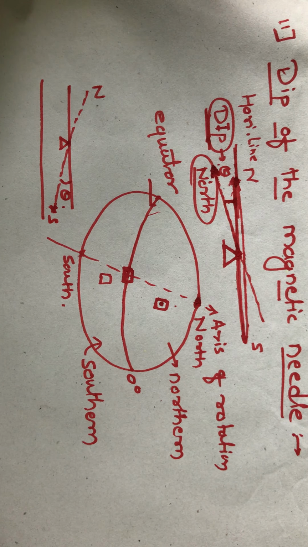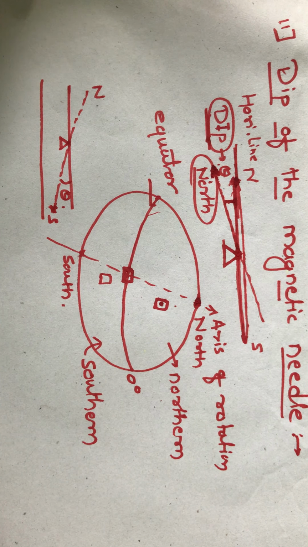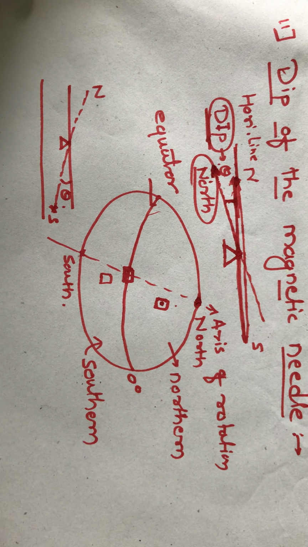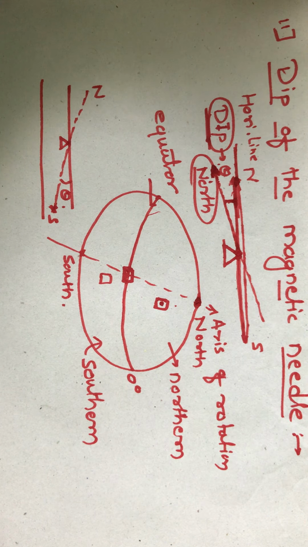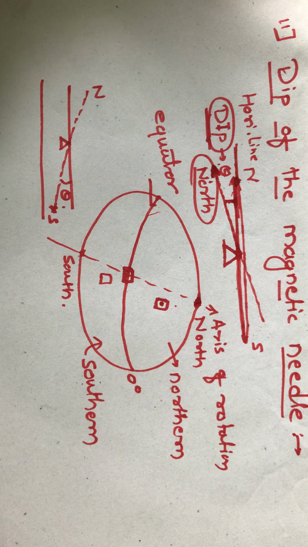Now, if the needle is perfectly balanced before magnetization, it does not remain in a balanced position after it is magnetized. This is due to the magnetic influence of the earth. Under that influence, the needle is found to be inclined towards the pole.